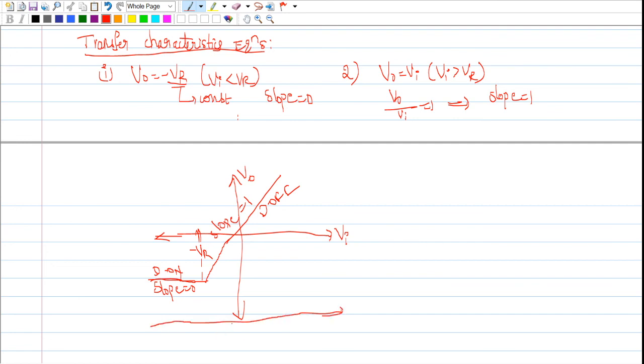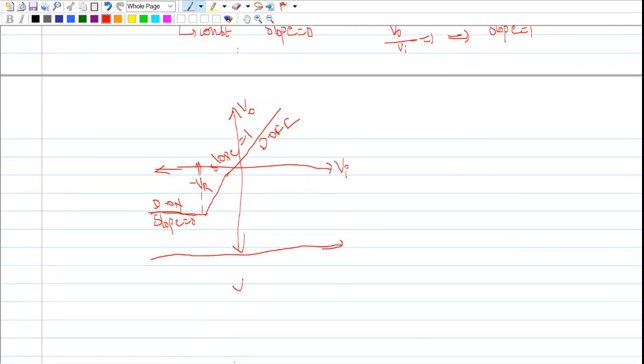This is the input waveform, a sinusoidal signal. This is the negative reference voltage, and this part is a clipped part.